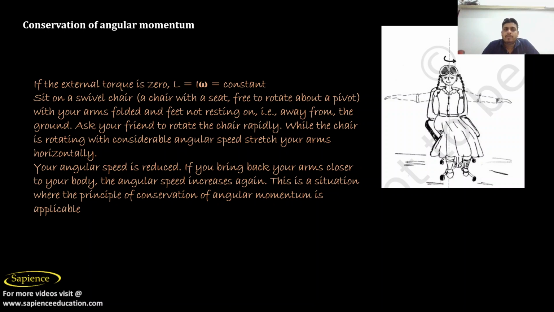Okay. Now see here, conservation of angular momentum, we have already proved that. Angular momentum L is equal to I into omega. So angular momentum is conserved if no external torque is acting. Now see here, she is sitting on a chair, and her angular velocity is omega.